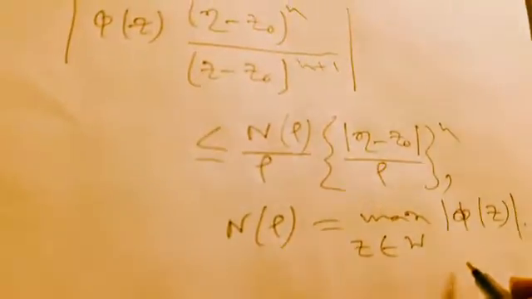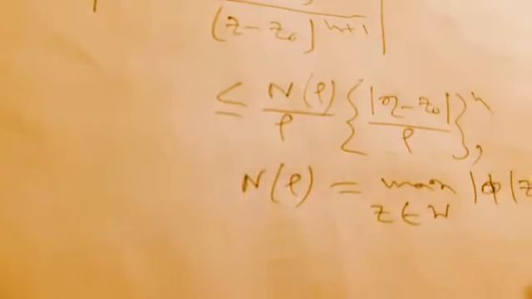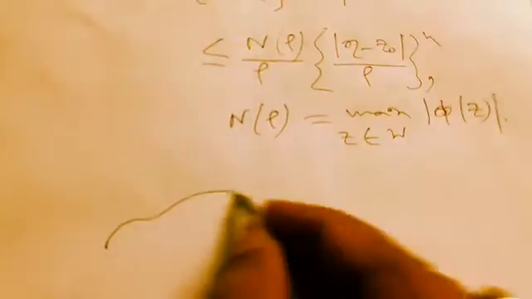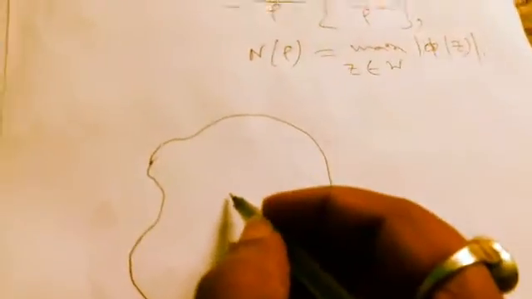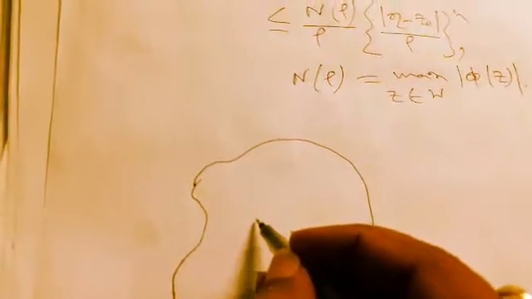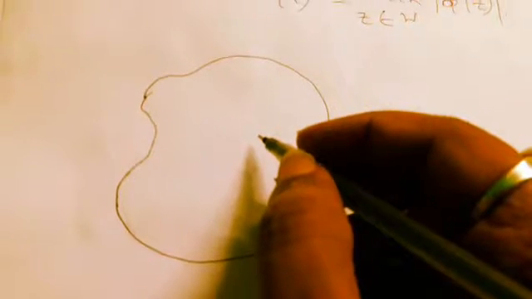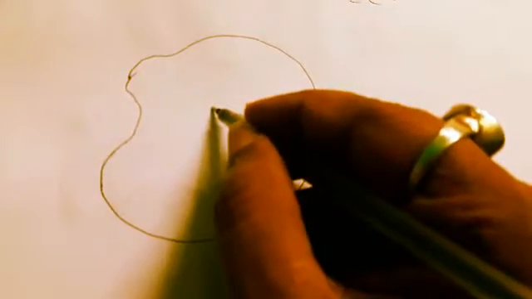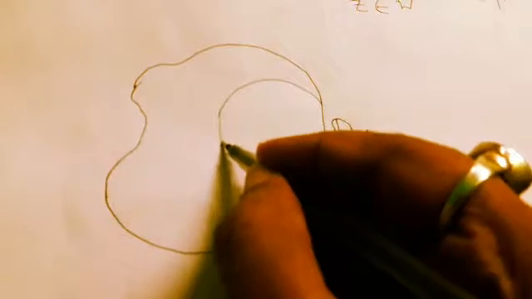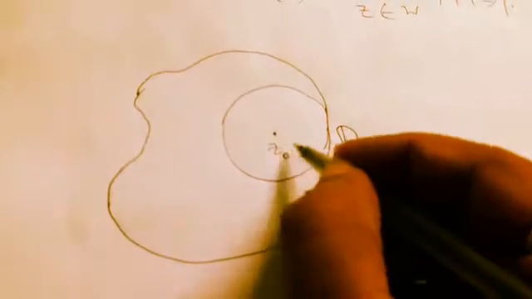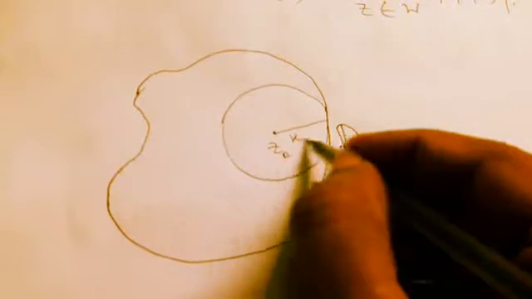For better consideration, let us draw a rough figure, not exactly. This is a domain D, and consider a circle of radius k around any point z0.